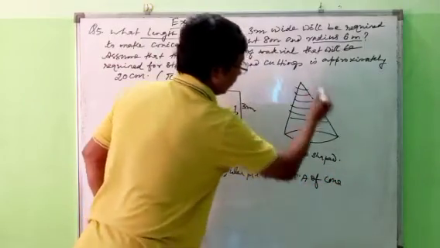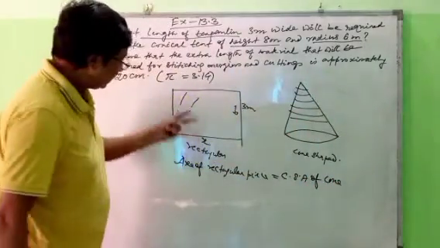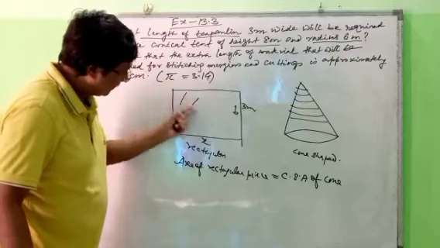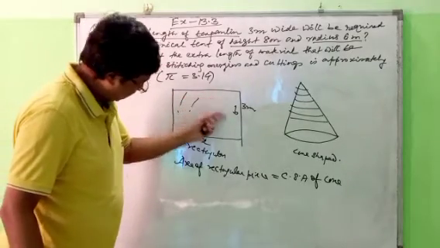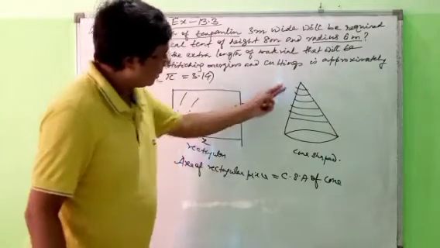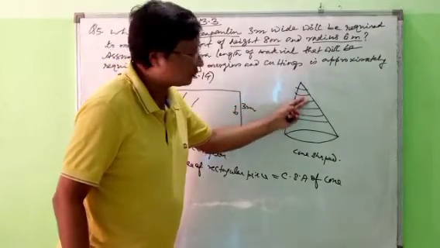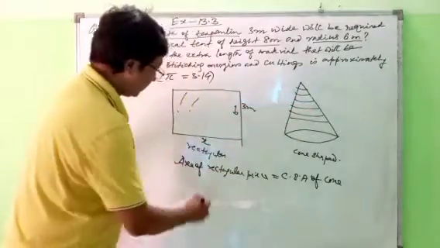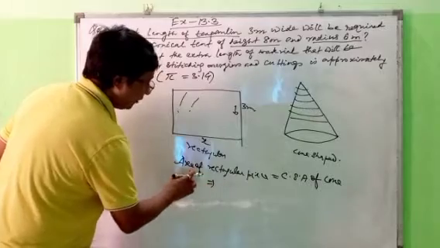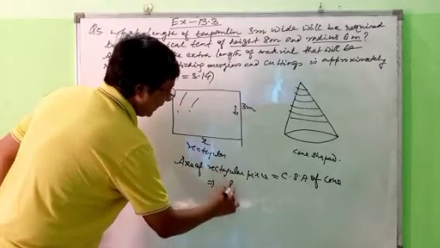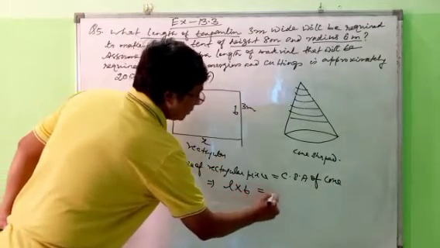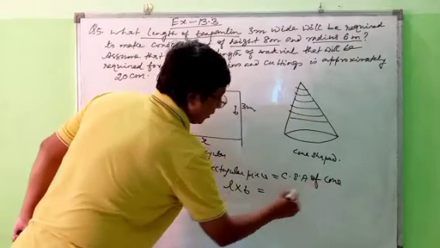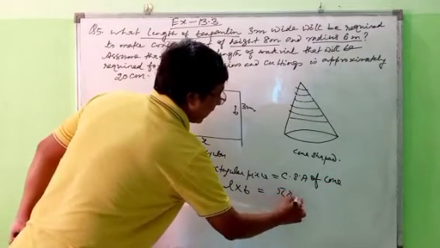So this is a cone. The total area of this rectangular sheet equals the curved surface area of this conical tent. So the area of the rectangle, length into breadth, equals the curved surface area of the cone, which is given by pi r l.